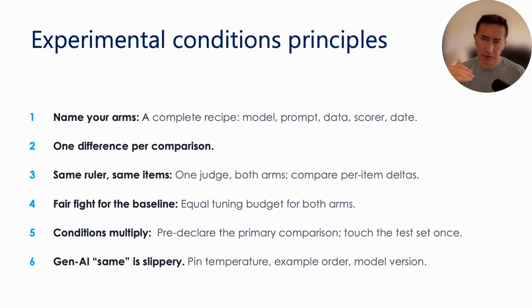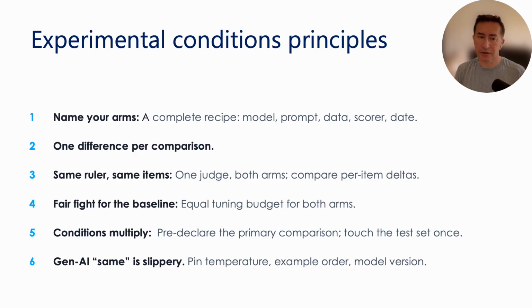Try to design different experiments so that you change one thing, so you can try to understand the effect that each individual change, for example, different model or different prompt, has on the final result. When you are comparing different arms, try to use the same judge, and make the comparison per item, so how the different arms perform on the same data points, for example.